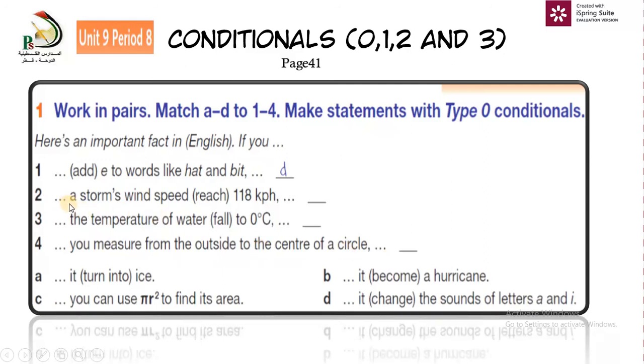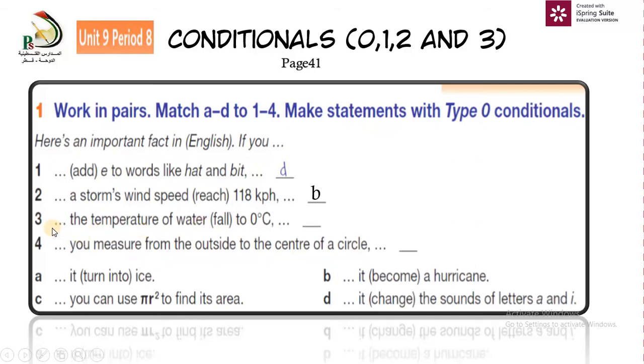If a storm's wind speed reach, how will you change reach? Reach will be reaches because it is singular. If a storm's wind speed reaches 118 km per hour, what becomes? It becomes a hurricane.